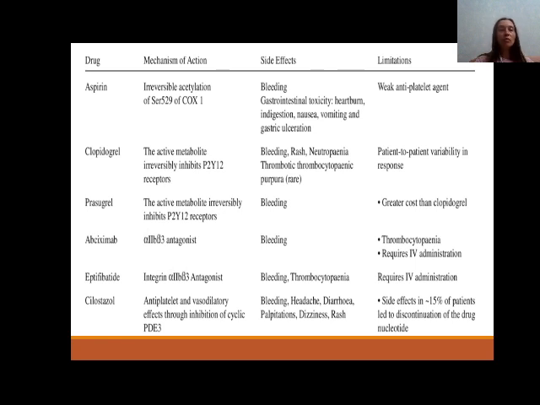That's why when patients take aspirin, we should monitor for gastrointestinal problems. Clopidogrel has side effects like bleeding, rash, neutropenia, thrombotic thrombocytopenic purpura, and with the other drugs, mainly bleeding.